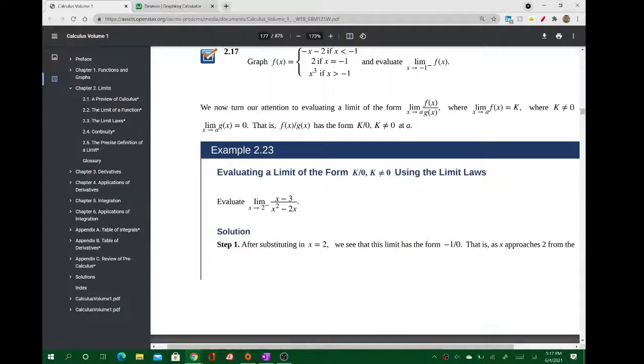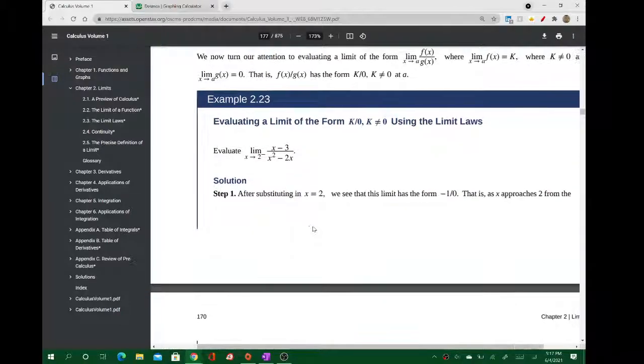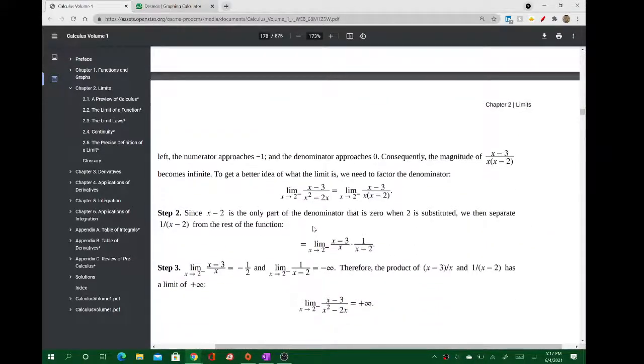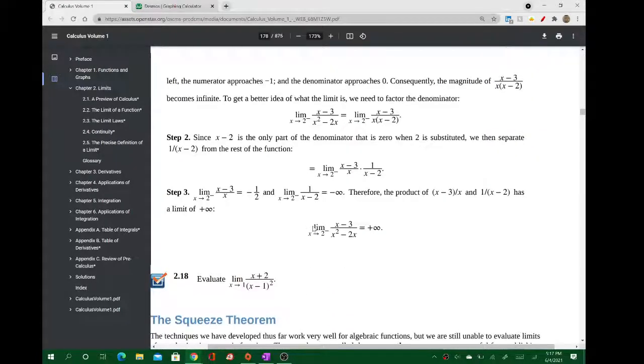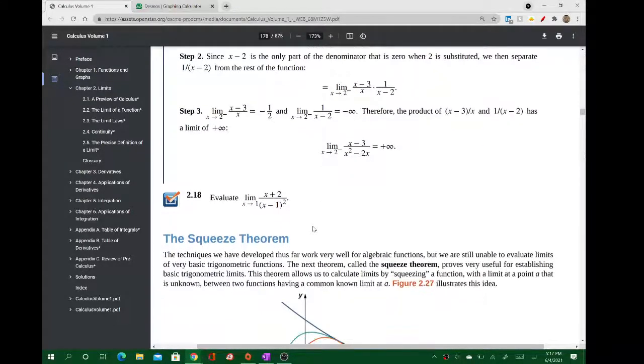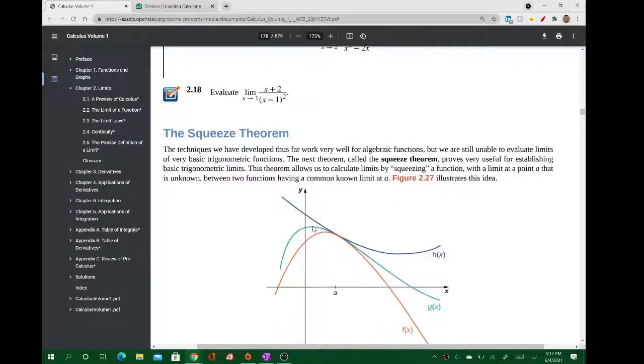Because, like I said, as x approaches 2 from the left side, it's going to go 1.9, 1.999, 1.99999, etc. And yeah, that's just how it works.